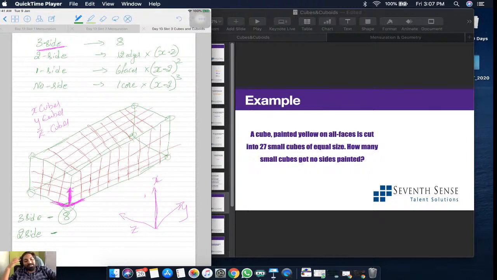How did you get 12 or 24? What are you guys doing? Are you really counting how many cubes are there in this diagram? X minus 2 into 12. Manjushri, at least, even though you are wrong, you are not illogical. The other people are highly illogical.